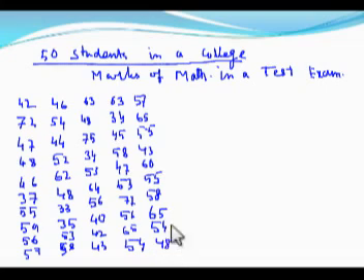These are the 50 students' numbers in the mathematics test examination.